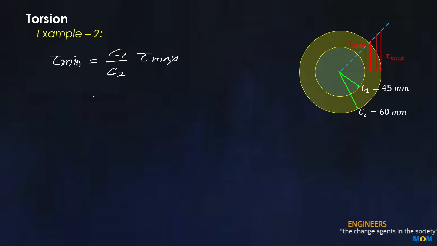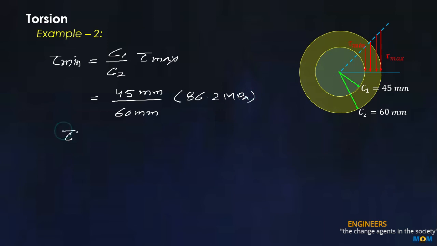Now the inner radius is 45 millimeter upon 60 millimeter, multiplied with this 86.2 megapascal.